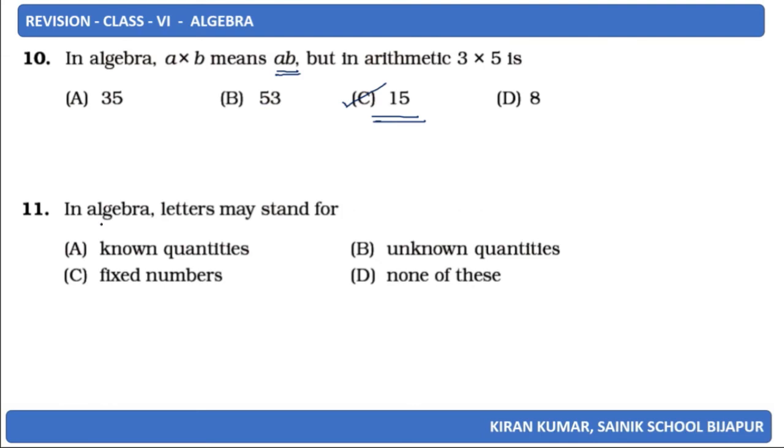The 11th one. In algebra, letters may stand for: option A is known quantities, option B is unknown quantities, option C is fixed numbers, option D is none of this. And the right answer is that it stands for unknown quantities.